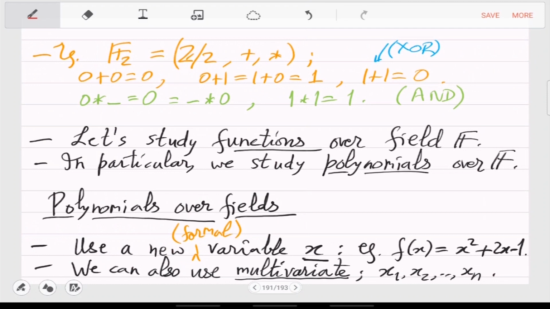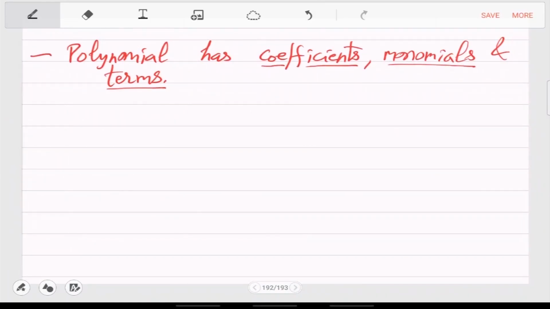If you have 3x squared, then this 3x squared is a term. So the definition of a monomial is basically a product of variables.